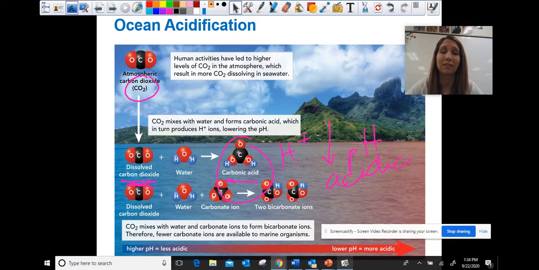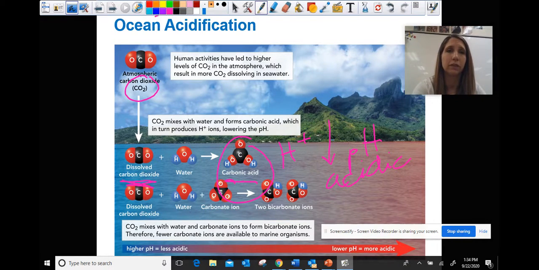Now, in addition to that, we have a second piece here. If we have dissolved CO2 here, we have water here, and we formed carbonic acid, but now we've lost these hydrogen ions to the solution, and we're left with this carbonate ion.